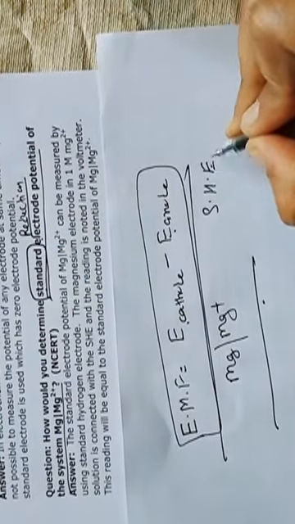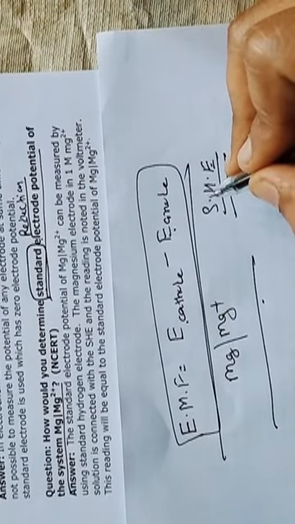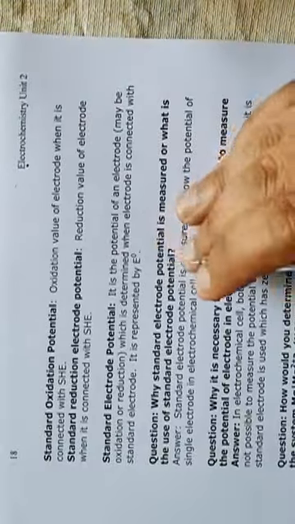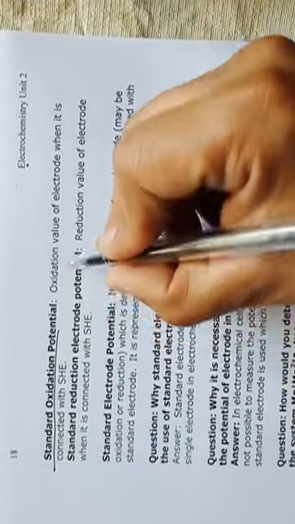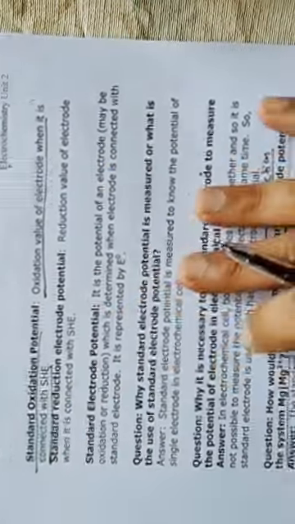If you are using the SHE to calculate the oxidation potential or reduction potential, then in that case that oxidation or reduction potential is known as standard electrode potential. It is given here also. What is standard oxidation potential? Oxidation value of electrode when it is connected with SHE.